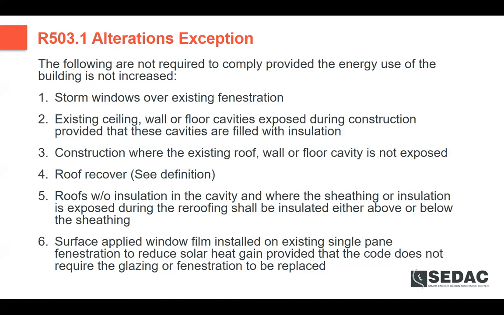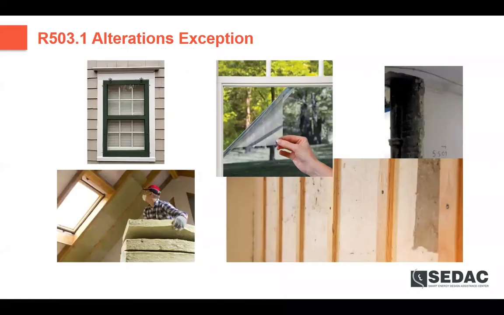So a roof recover, I will call out, there's a specific definition, that is installing a new membrane over the existing membrane. So that is not pulling the existing membrane. So here's some pictorial examples of that. And again, on the right here, we can see a masonry wall. This is another place we'll frequently get this challenge.